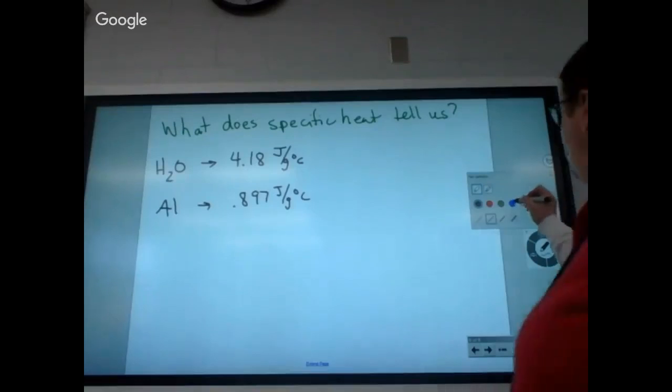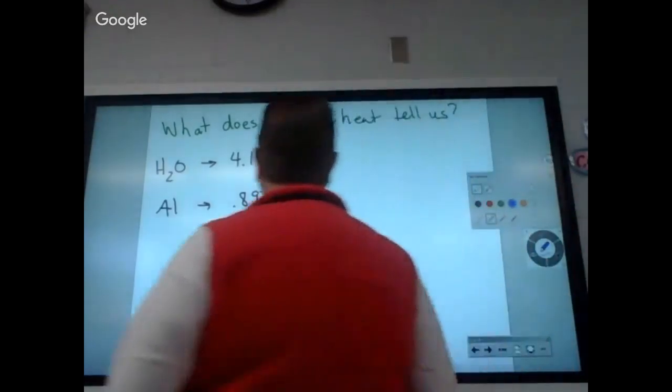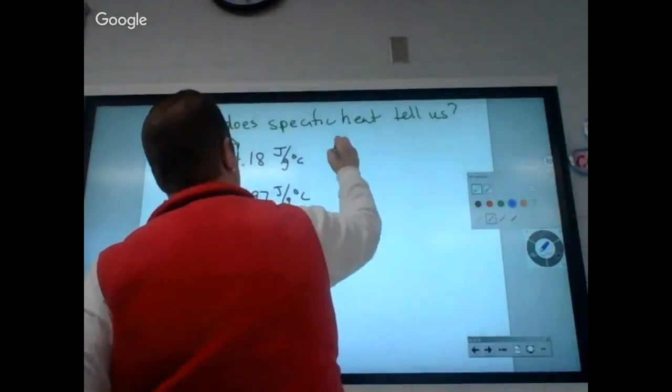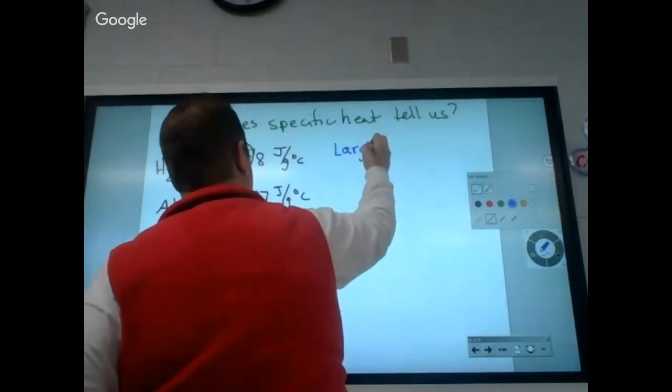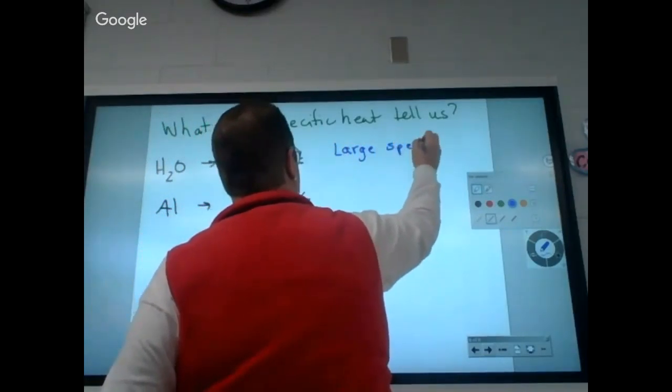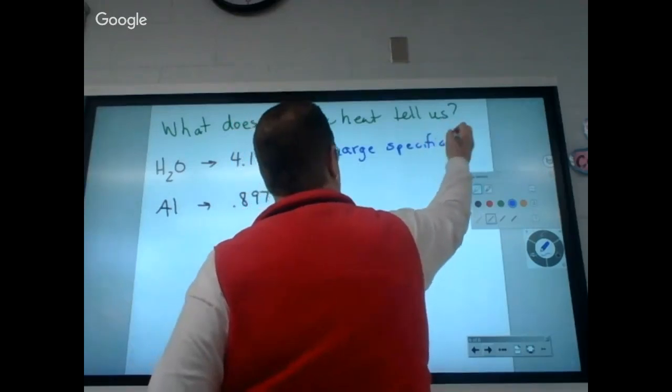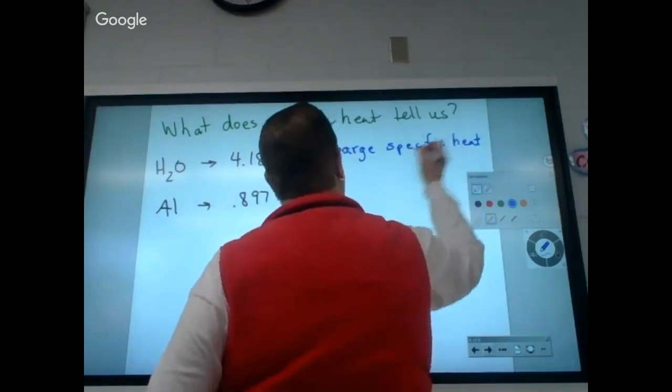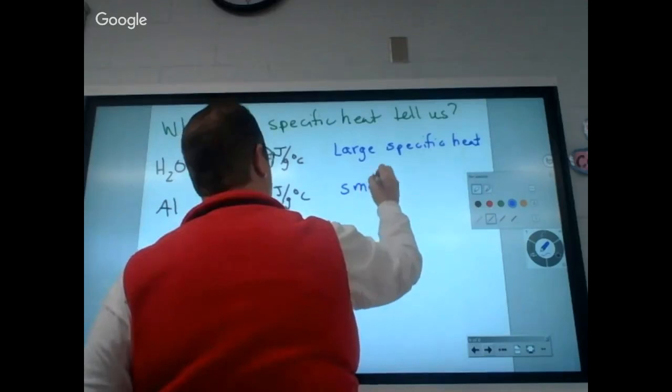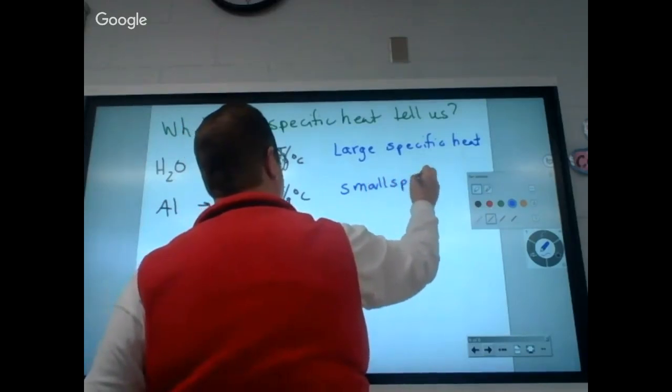Yeah. Now, for all intents and purposes, this is a large specific heat. And this one is a small specific heat.